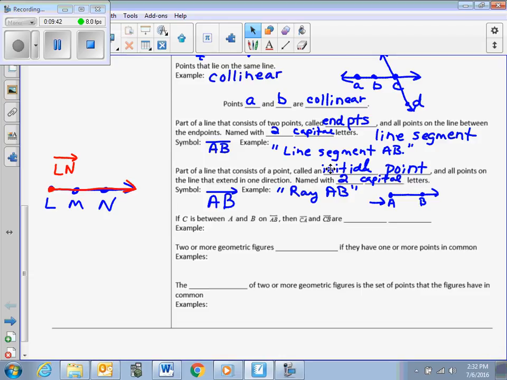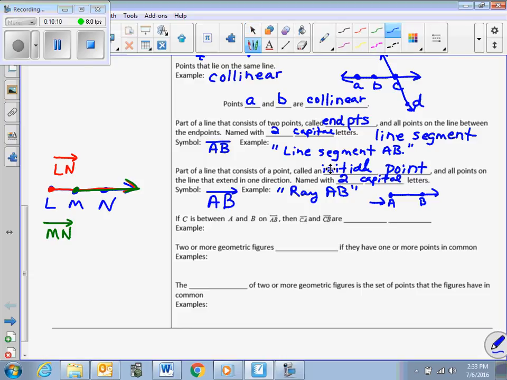Okay, if I want to talk about ray MN, then I've got to highlight this right here. All right, there's ray MN. 2 different rays. MN is part of LN, but ray MN and ray LN are not the same because they do not have the same initial point. Be careful about your symbols.